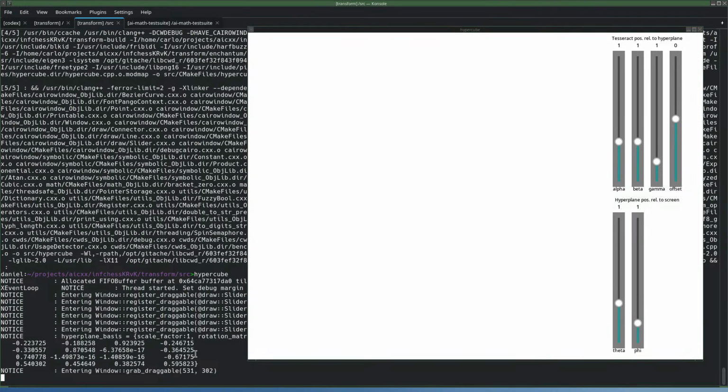So the result would be 1, 0, 0, 0, which corresponds to the x-axis in this basis. So this is the x-axis of the basis in universe coordinates, and the same thing for y: you get 0, 1, 0, 0. If you put that one here, you get 0, 0, 1, 0, and then there is a completion to span the whole universe.